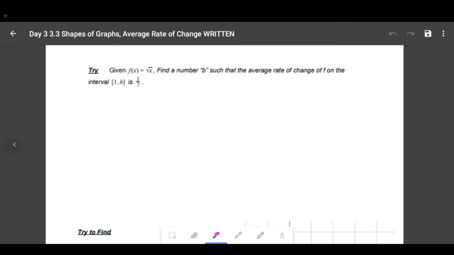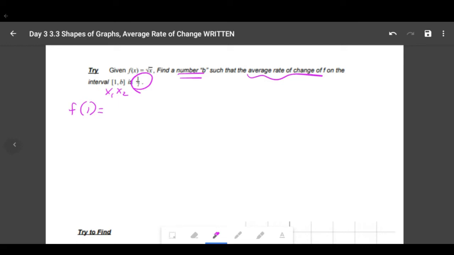All right, so now the thing that's tricky about this is given that this is a function, we've got to find the b value such that the average rate of change is 1/7. So the nice thing is they kind of switched around for us. If you look at what we were given here, we're given the x1 and the x2. So let's use our equation that we had from the beginning, right? So we can say that f of 1, because I've got to find the corresponding y coordinate.